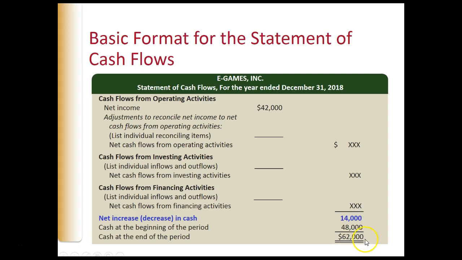Cash at the end is $62,000. This has been derived from the balance sheet. The $14,000 change in the cash balance is going to be our check figure, which means the cash inflows and the cash outflows we identify must net to this amount.